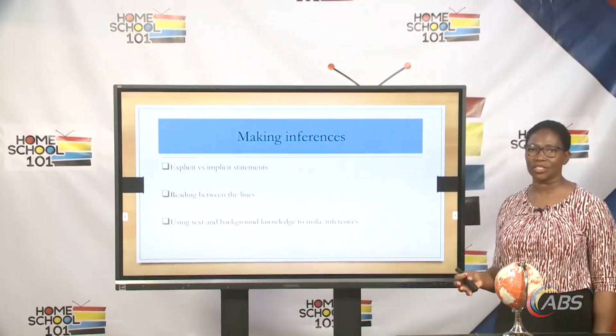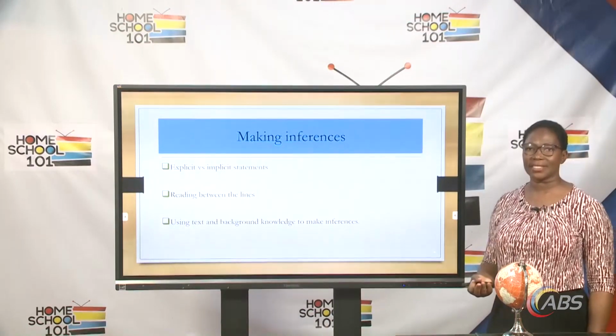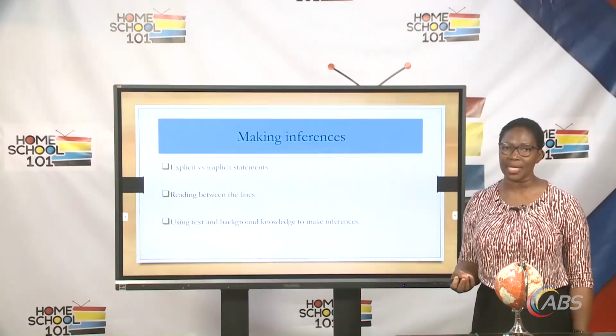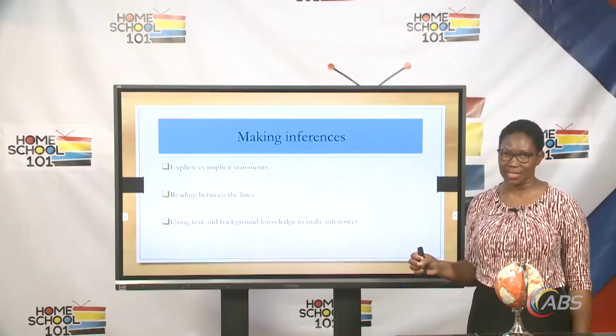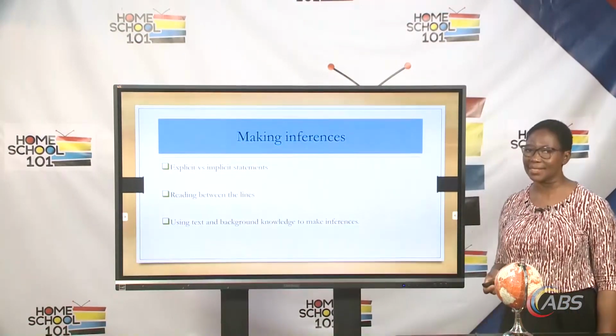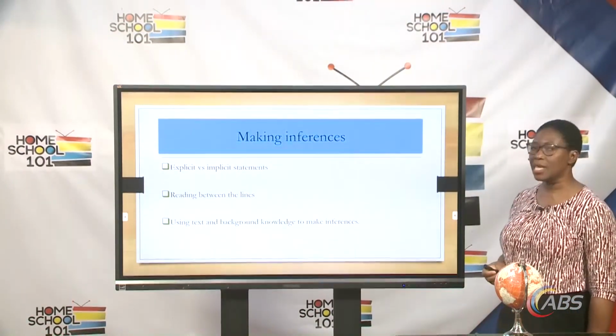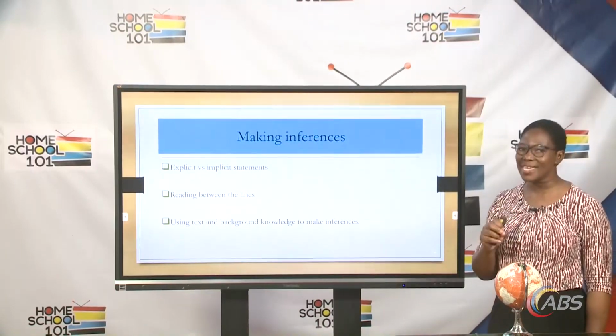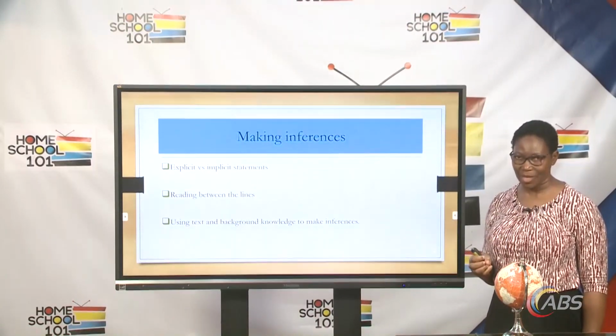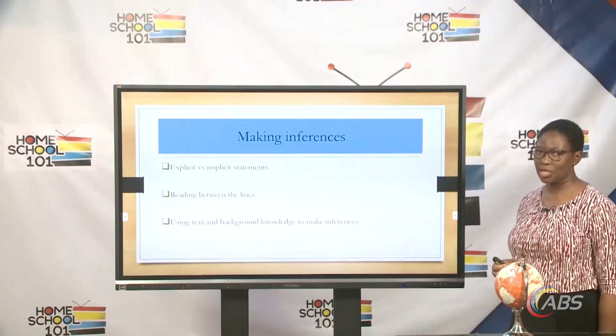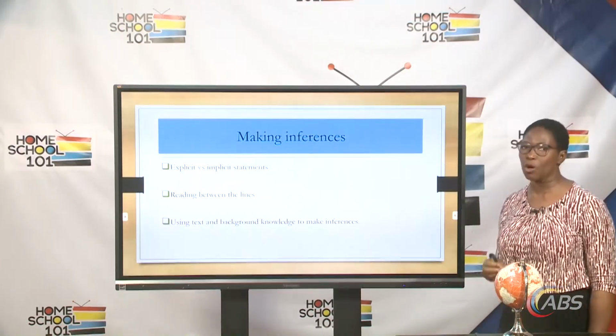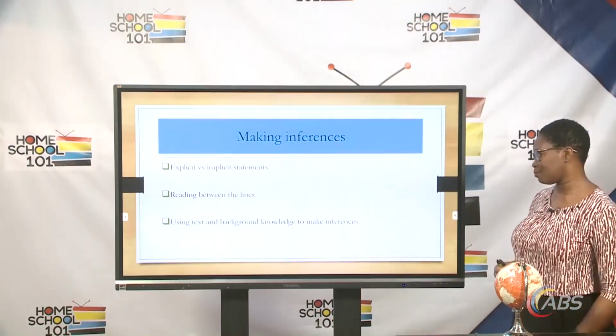On the other hand, you have ideas that are implicit, which means that it's not clearly expressed in the passage, but you can get that meaning nevertheless. It means, therefore, that you have to read between the lines. I'm sure you've heard that expression. Your teachers must have used it before. Read between the lines.